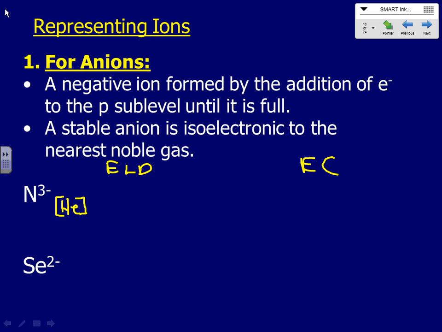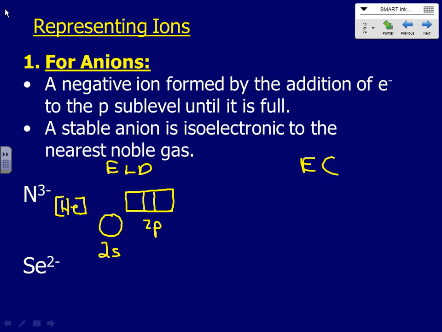Then as we continue forward from helium, we are in the second row and we're in the s block. So the 2s orbital is what's being filled next, and then as we move along, we are filling the 2p orbital.